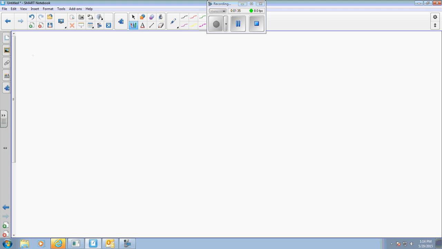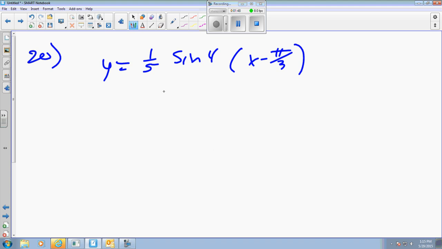For number 20, what is the amplitude of this function? Sine 4 times, okay? My amplitude is 1/5. That's what that is. This is my b. Remember, to find your period, we have to take 2 pi divided by b.